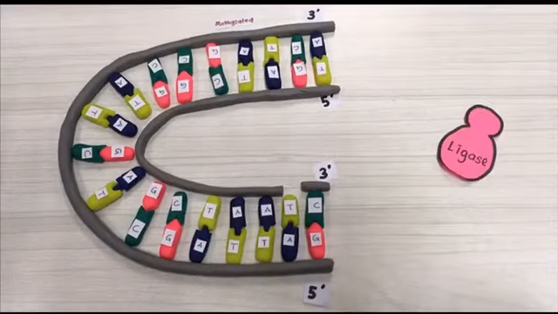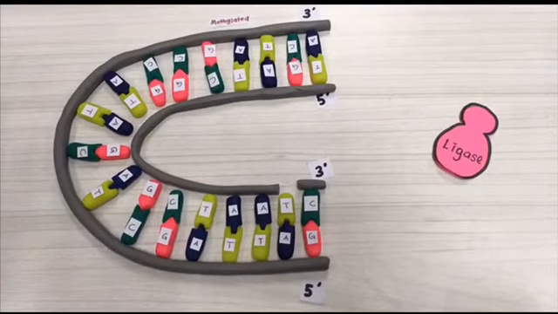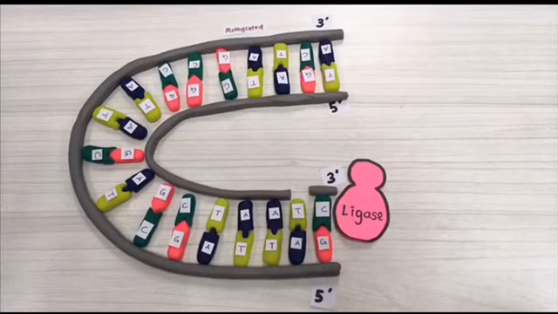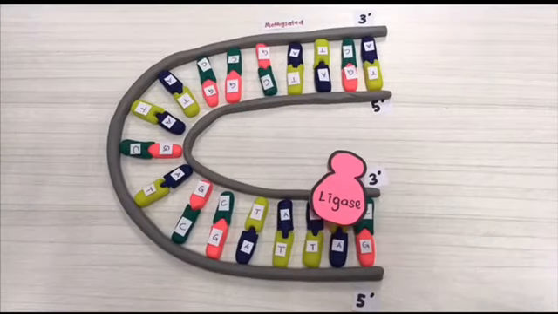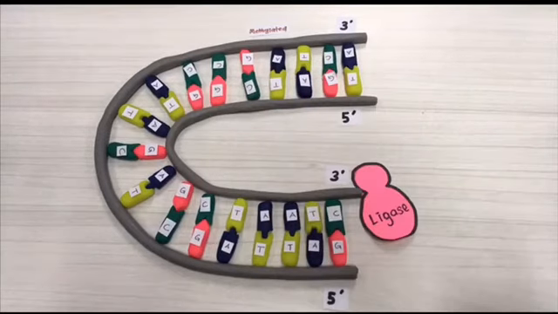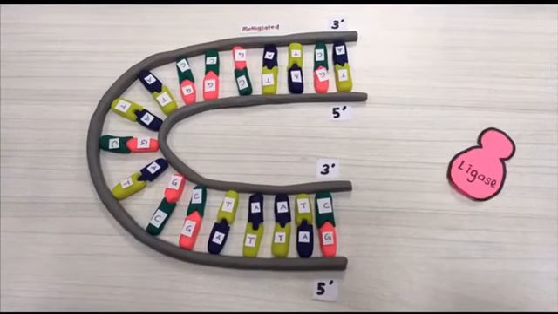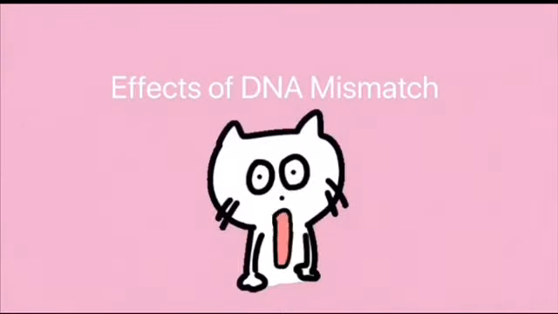Later on, DNA ligase will join the fragments at the point where the mismatch occurred. DNA ligase will later seal the gap present in the DNA backbone, and this action will complete the mechanism of mismatch repair.